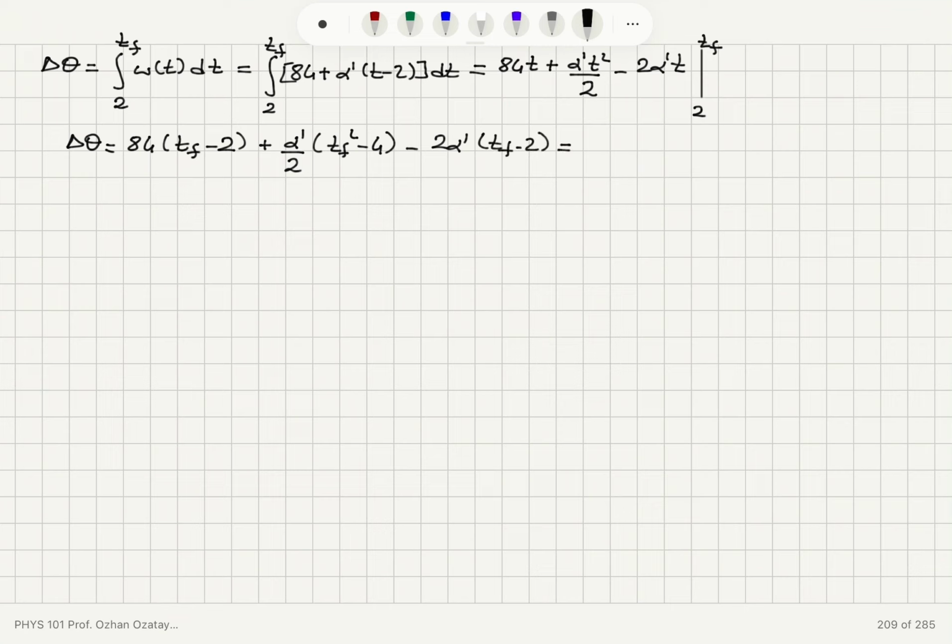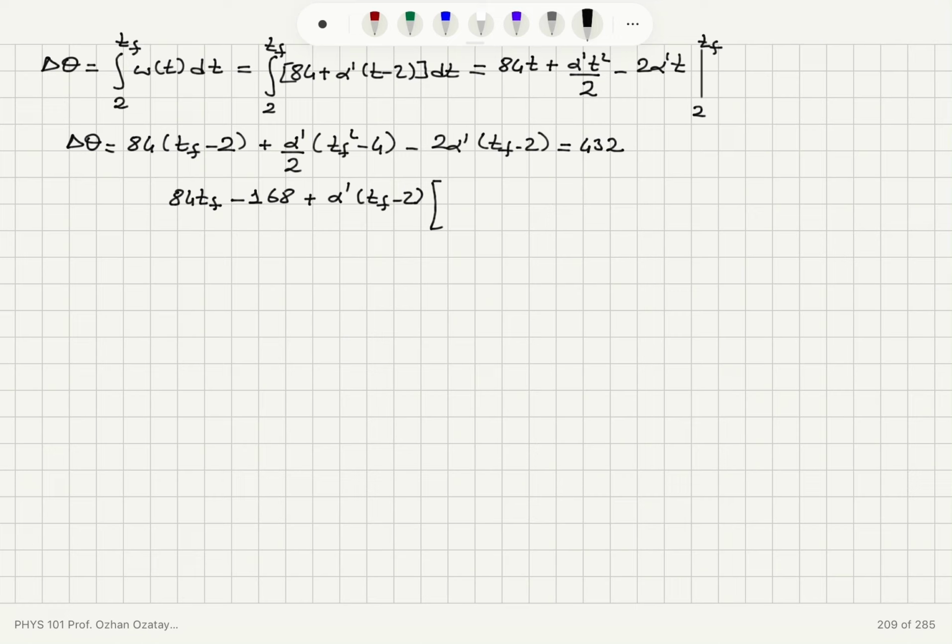And what do we know the angular displacement is between t equals 0 and the time when it stopped? It is 432 radians. So we see that we have 84 t final minus 168 plus alpha prime, parentheses, we have t final minus 2.